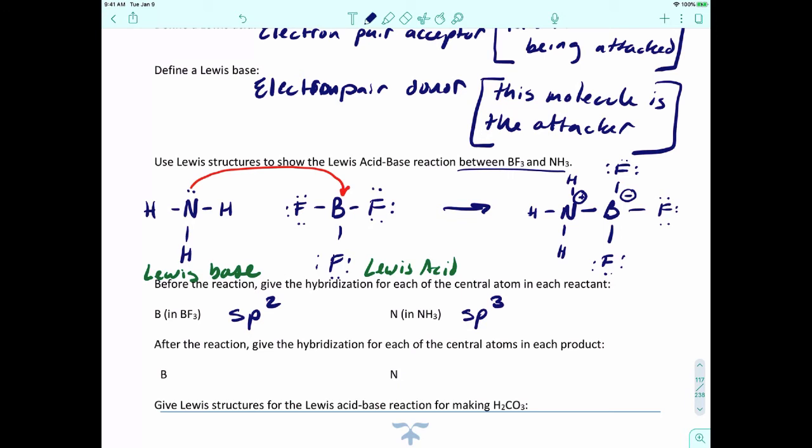While the nitrogen's hybridization didn't change, it still stayed sp3, the boron went from being sp2 and trigonal planar to sp3. So during this reaction, the boron in the acid changed its hybridization. And that's pretty cool on how this all works.